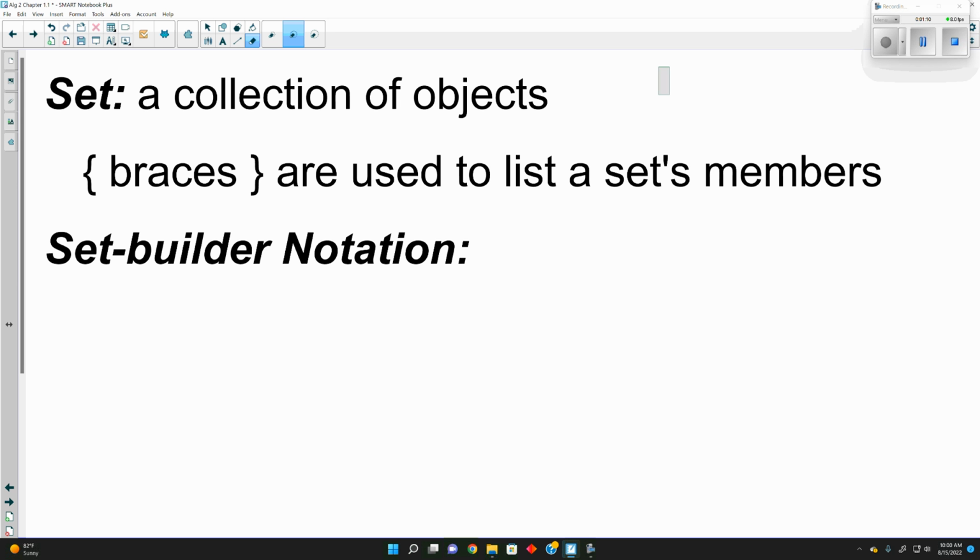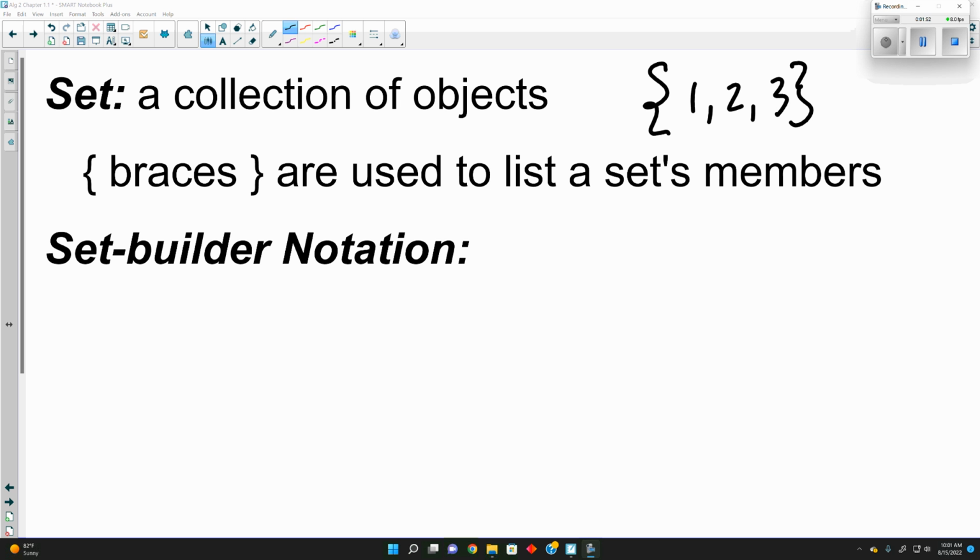So we could say, this here would be a collection, an example of a set. So, any questions on what a set is?